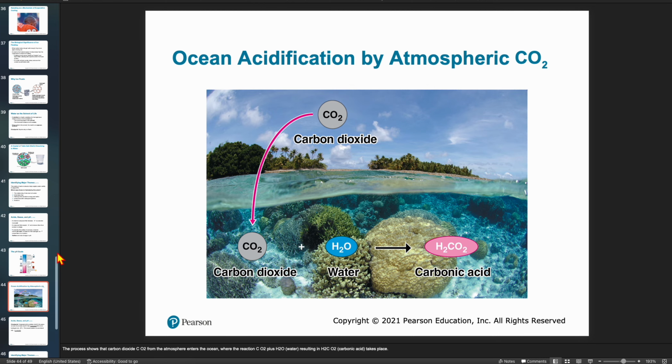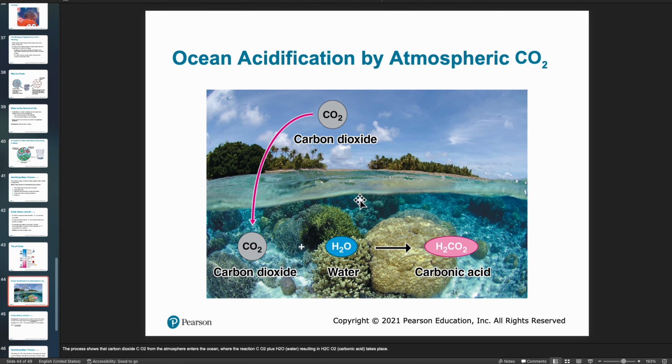Okay, next slide. This slide here has to do with that whole CO2 building up in the environment thing. If there's too much CO2 in the environment, it's the ocean's job to convert it to carbonic acid. But here's the problem.